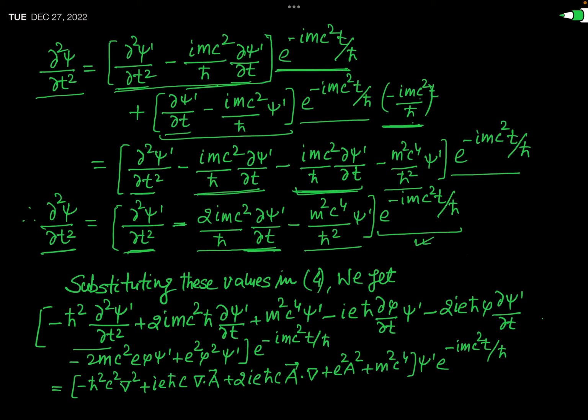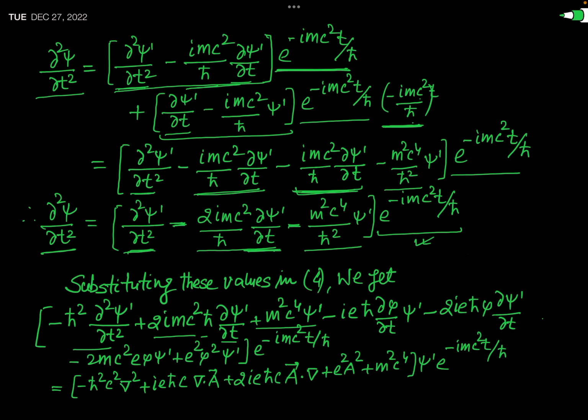See here this term, this minus minus will now become plus, so plus 2imc²ħ ∂ψ'/∂t. Again there is minus m²c⁴/ħ² ψ', so minus minus will be again plus, so this is m²c⁴ ψ', because this minus ħ² is in fact multiplied.